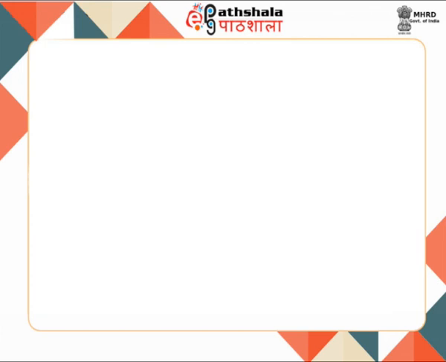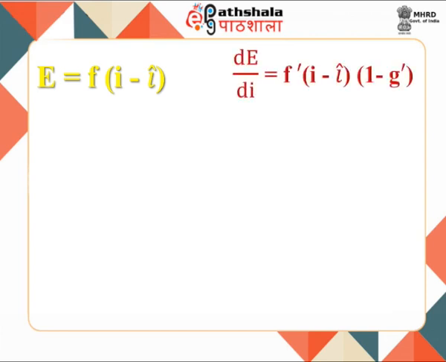Now again considering function E, that is, E is equal to function of (I minus I cap). Delta E upon delta I is equal to F dash (I minus I cap) multiplied by (1 minus G dash). Now both F dash (I minus I cap) and (1 minus G dash) are greater than 0.